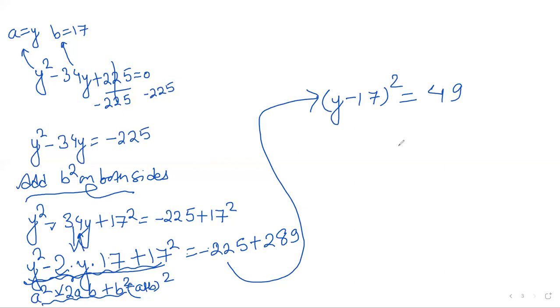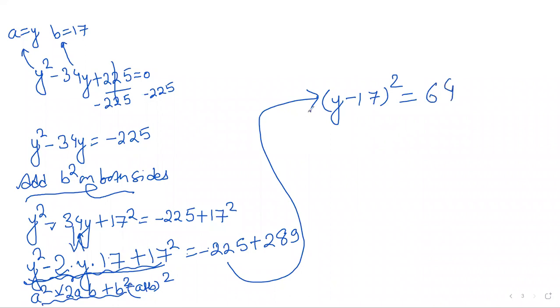Is it? It should be. Wait, 64. 289 minus 225, yes, not 49. Sorry about that. I am thinking wrong. So that is a positive 64.